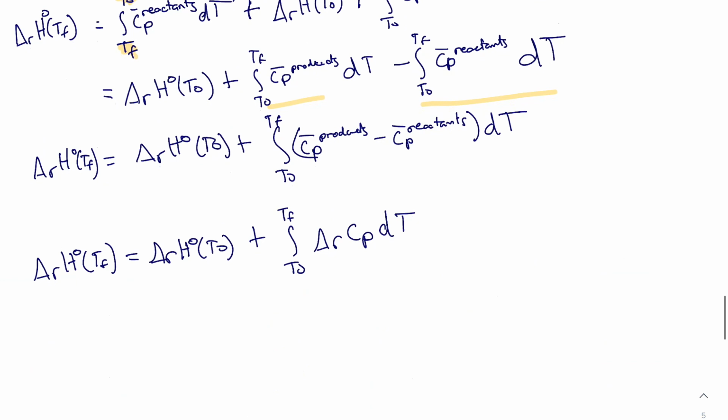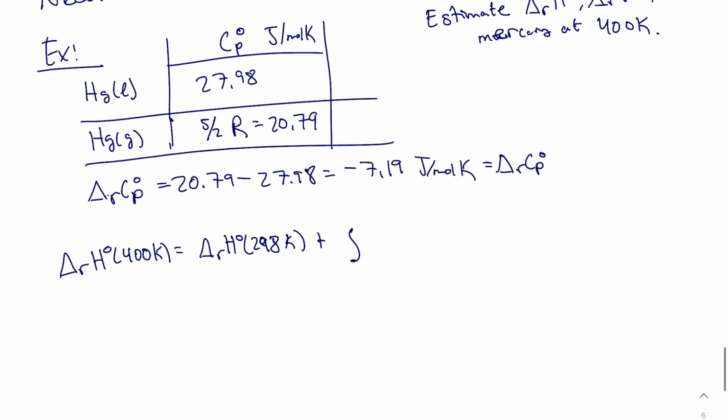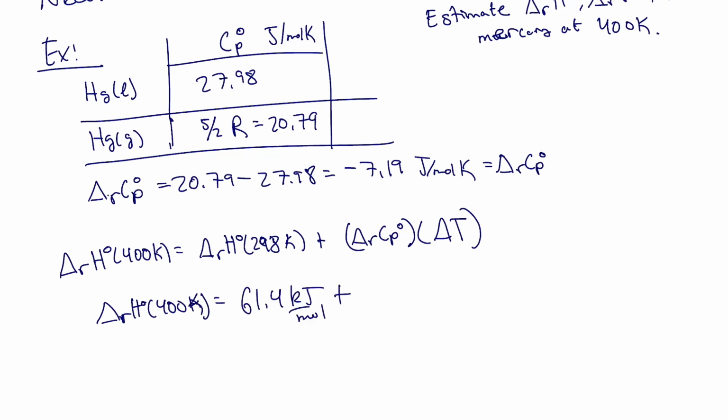Since it's just a constant number times dt, the constant comes out of the integral, and we're just going to get this times delta T. Admittedly a bit ugly with all those deltas, but this is going to then be delta RCP times delta T. And so my final answer here is this term here.